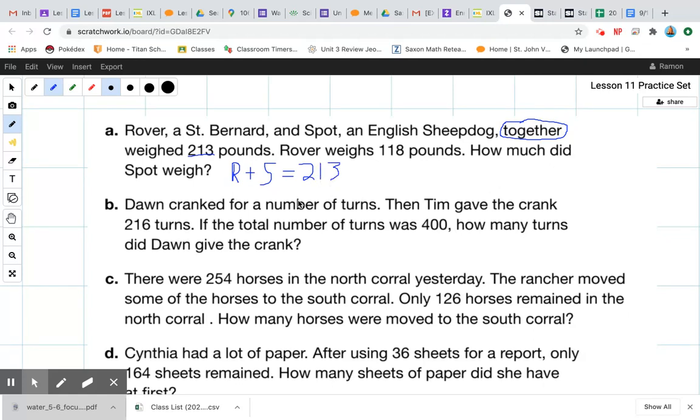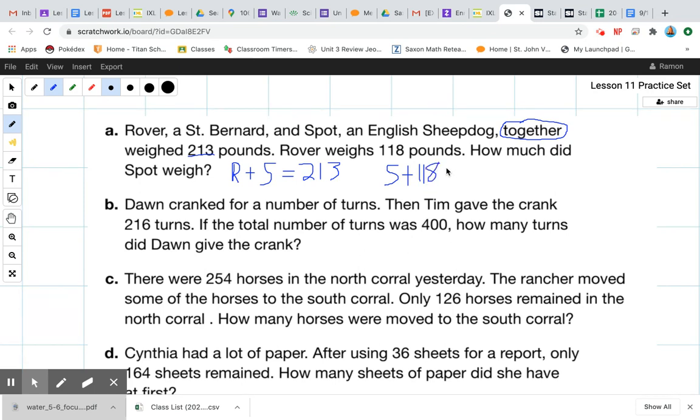So we have our equation, but the problem is we have two variables. So we read the rest of the problem for more information. Rover weighs 118 pounds. So we know the value of Rover. It's 118. So we can substitute R for 118 and mentally use the commutative property where I'm going to change the order since it's an addition problem.